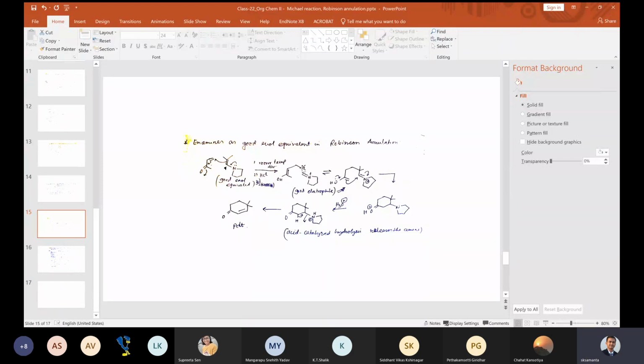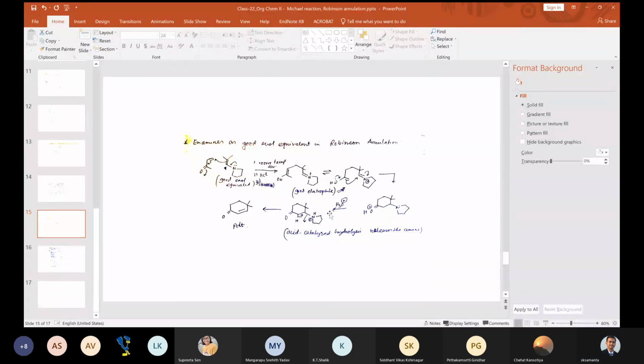Now in this intermediate, these protons are again enolizable, so this OH comes back as a ketone, then again CH3 could be enolized. This enol now could react here, so this lone pair comes, this double bond attacks here, then you get this kind of intermediate.